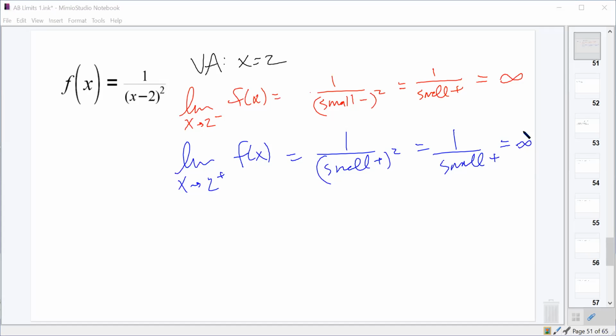And so we could, if we wanted to, say that the limit as x approaches 2 of f of x is also infinity, even though we know that technically none of these 3 limits exist. Good, bad, indifferent? Good. All right.